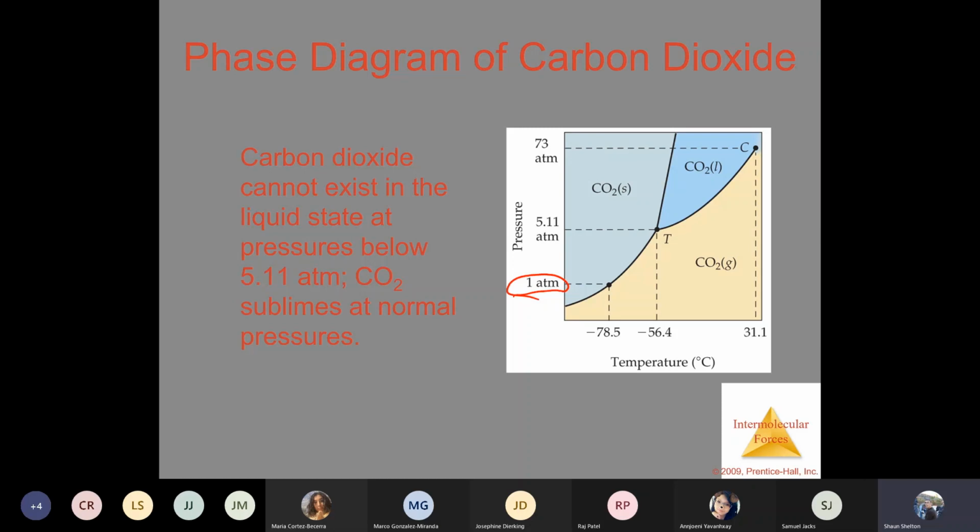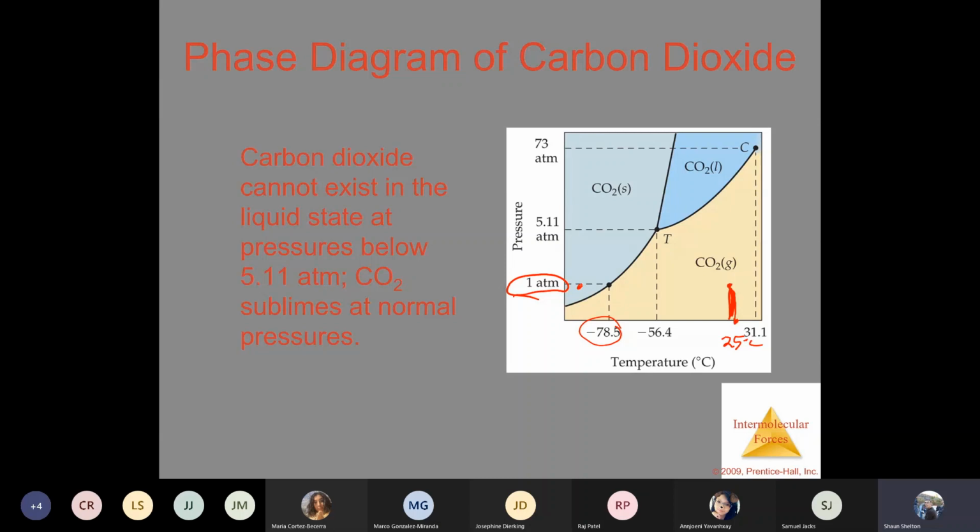So if you look at the temperature scale here, we're roughly around 25 degrees Celsius. Dry ice at 1 atmosphere is going to be below this temperature here. So let's say that your dry ice is here and our point is here.